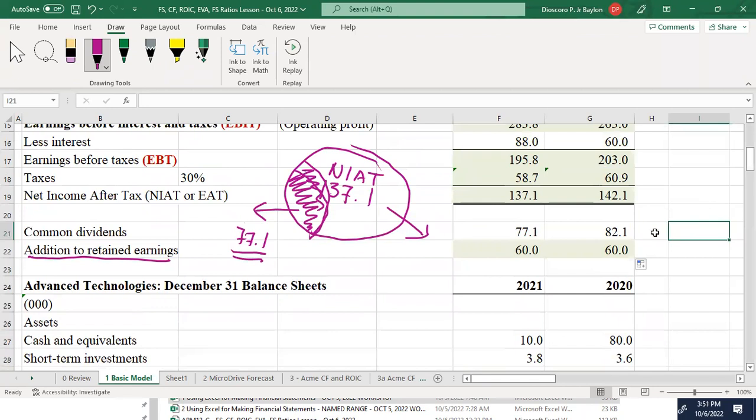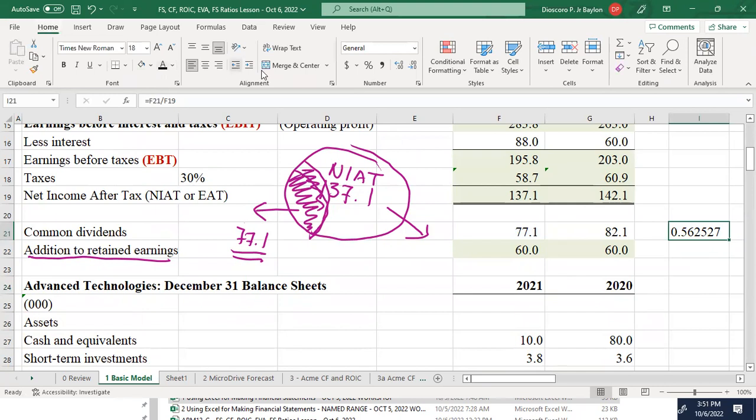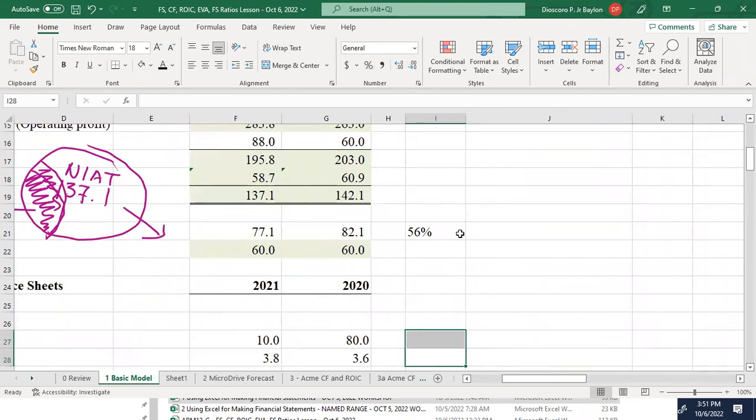By the way, if we get the ratio of the dividends that will be distributed to the net income after tax, this is the ratio for 2020. Put it in percent. This is what we call our DPO. What's DPO?